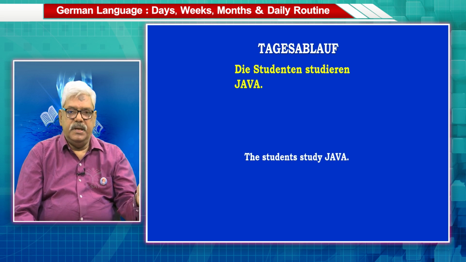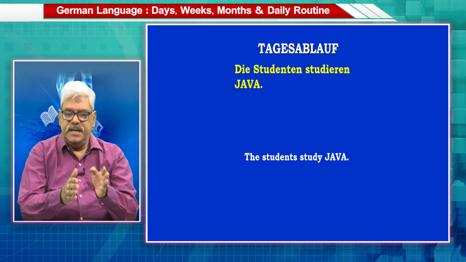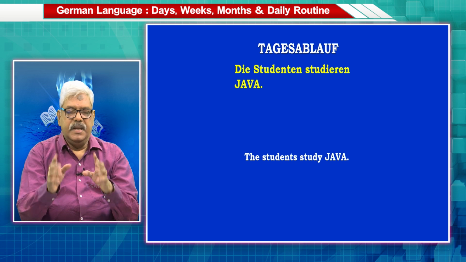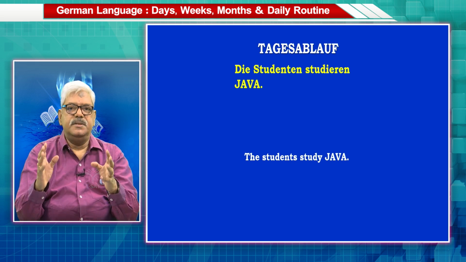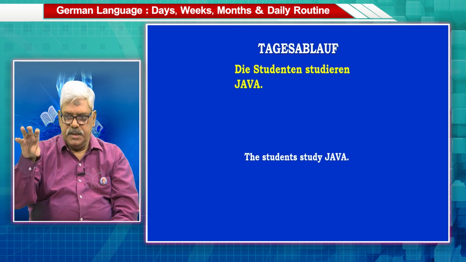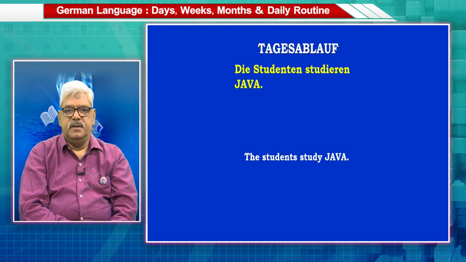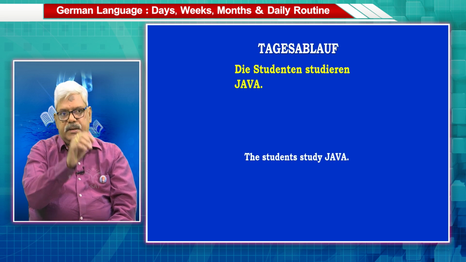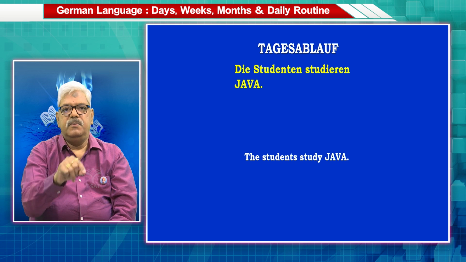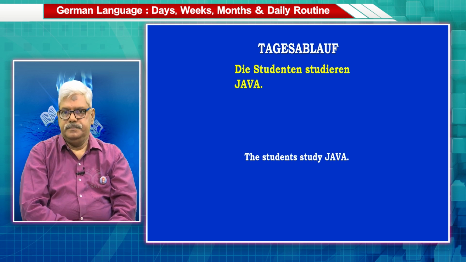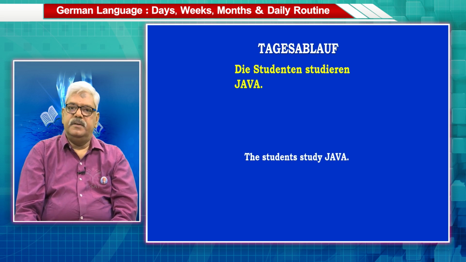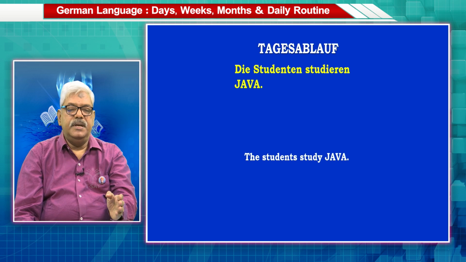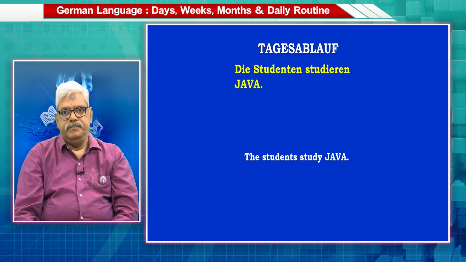As I told you in the beginning, this varies from person to person. I have taken only some sentences into consideration and kept them here. From person to person, it will be different, and you can replace according to what you're doing. Say you're in intermediate, then you can say Ich studiere intermediate.